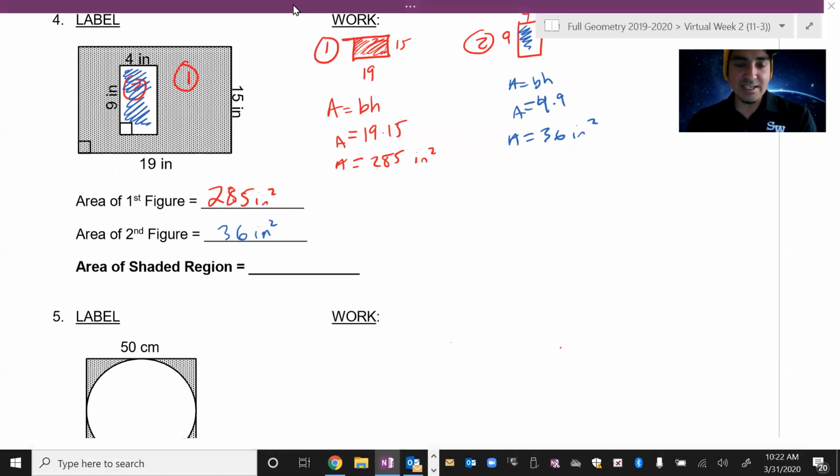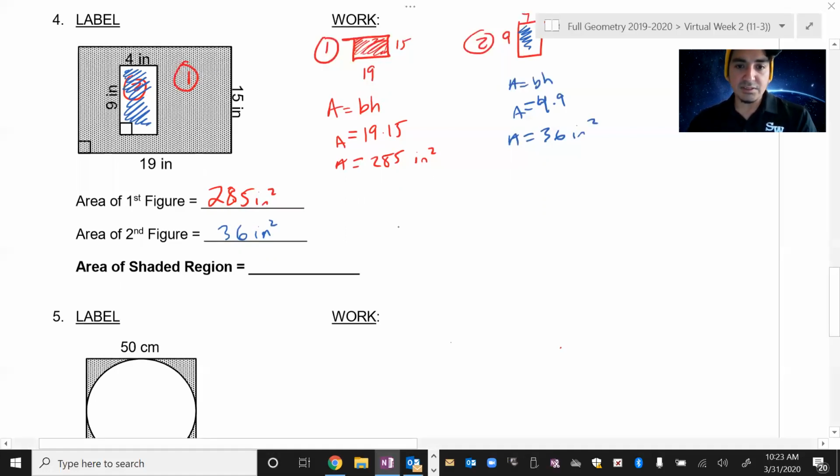So I'm going to take 285 minus 36. I'm trying to do it on my calculator over here. And I got 249 inches squared. So there you go. So that's what we have going for number 4.